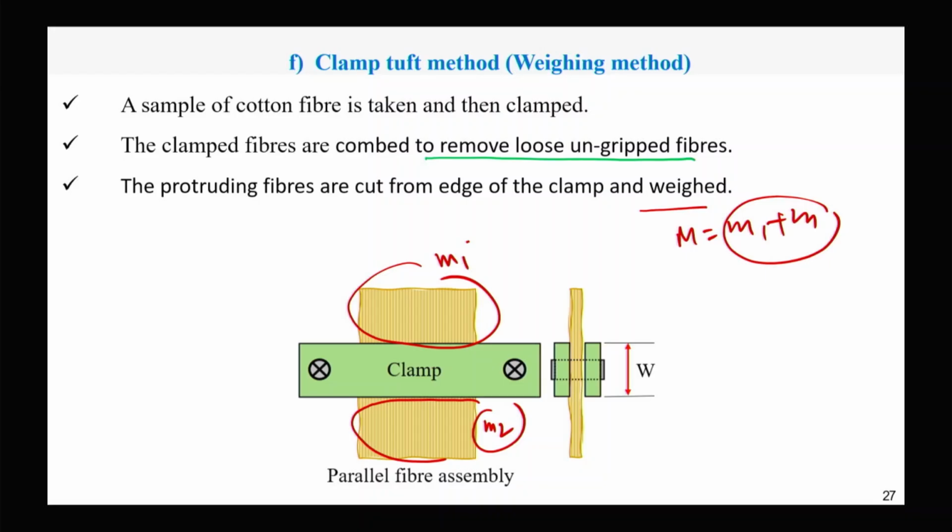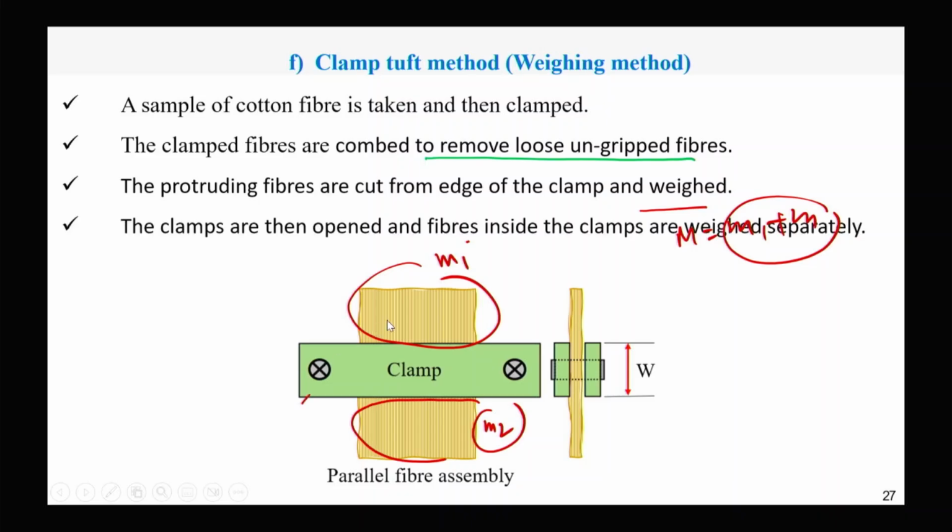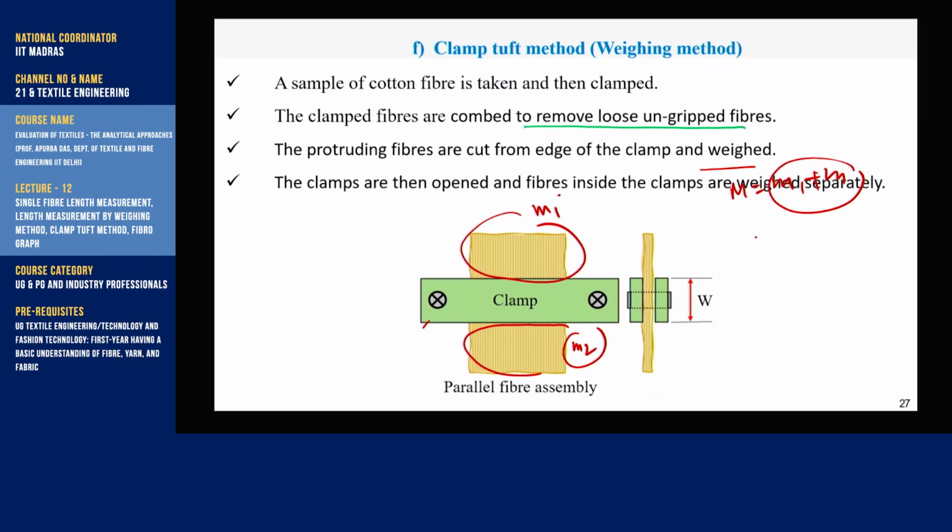After that we open this clamp and measure the weight of the fibers which are within the clamp, MC, clamped fiber. M is the cut fibers and MC is the fibers within the clamp.